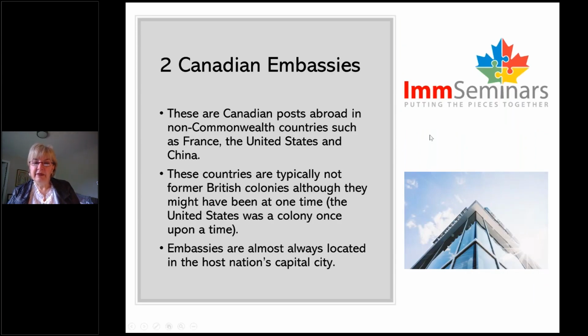Canadian embassies are Canadian posts abroad in non-Commonwealth countries such as France, the United States, and China. So these countries are typically not former British colonies, although they might have been at one time. For example, the United States was a colony of Great Britain at one time, but they are not a member of the Commonwealth.